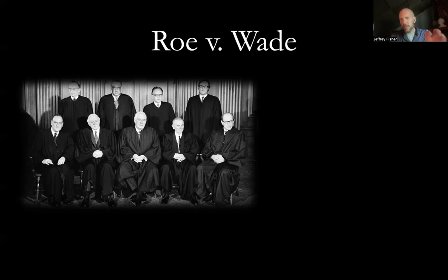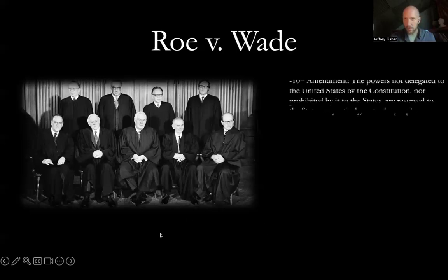And so absolutely central even to Dobbs versus Jackson is the reasoning of Roe versus Wade. And so we're going to try to understand what that reasoning is, how it works. Now, to understand the court case, we're going to need to first understand a little bit of the background and a little bit of the context. And that's what I'm going to provide here in this video.